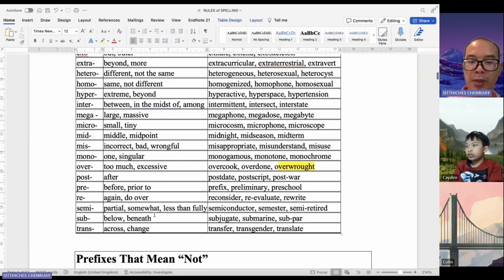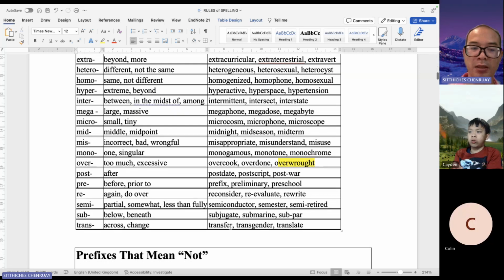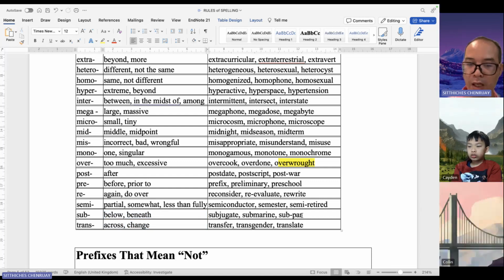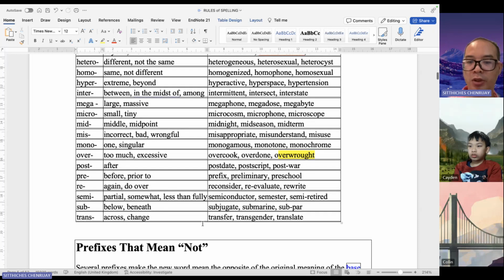Semi, partial, somewhat less than fully: semiconductor, semester, semi-retired. Sub, below, beneath: subjugate, submarine, subpar. And then the last, trans, across, change: transfer, transgender, translate.